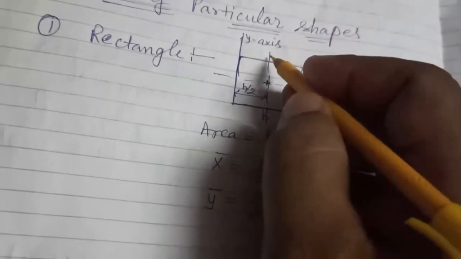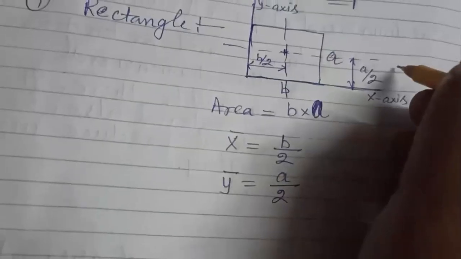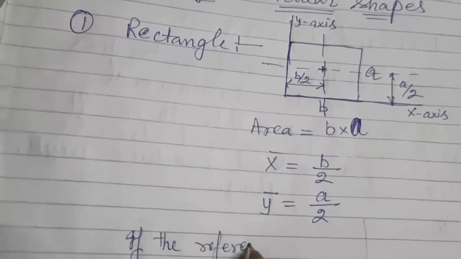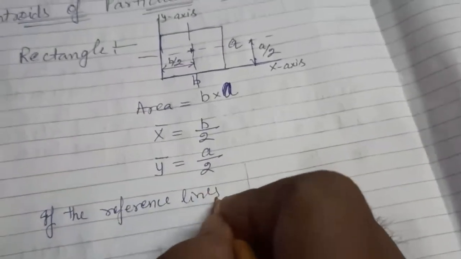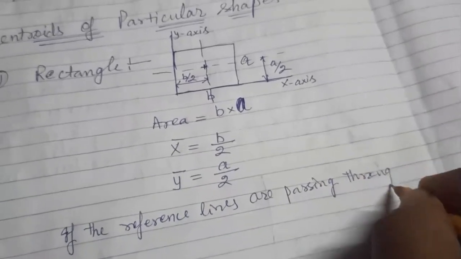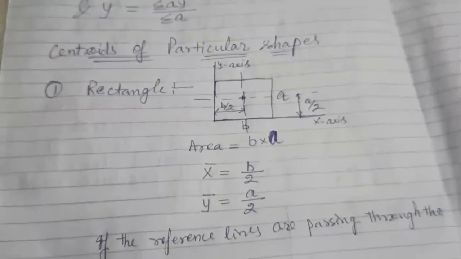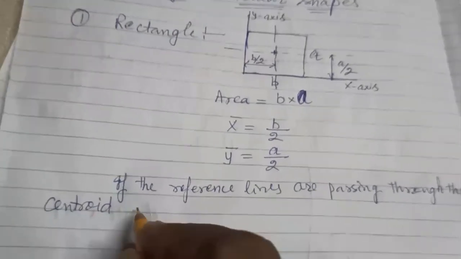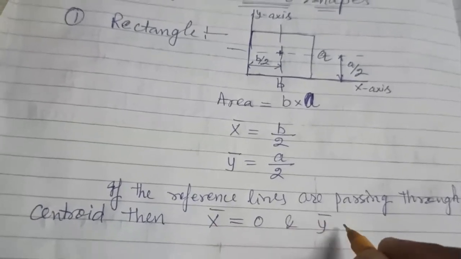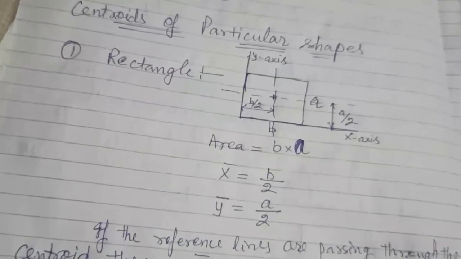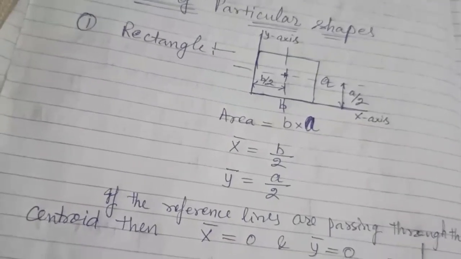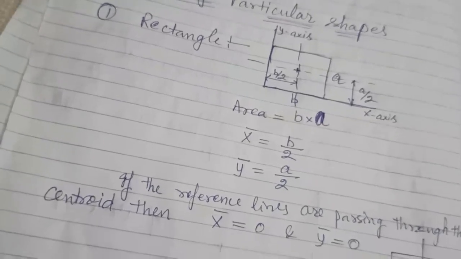If the reference lines are passing through the centroid, then x bar is equal to 0 and y bar is equal to 0, because now the reference lines, these are the reference lines and this is the centroid.